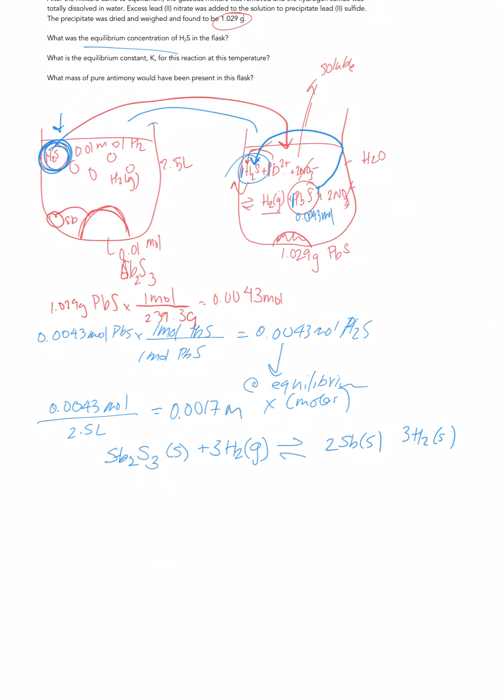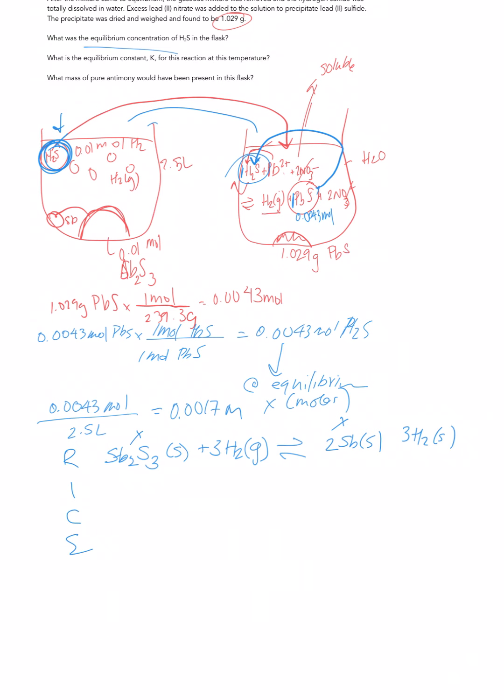To find this, we have to figure out our concentrations of H2 at equilibrium. We're not going to include Sb2S3 and Sb in our equilibrium expression because they are solids.